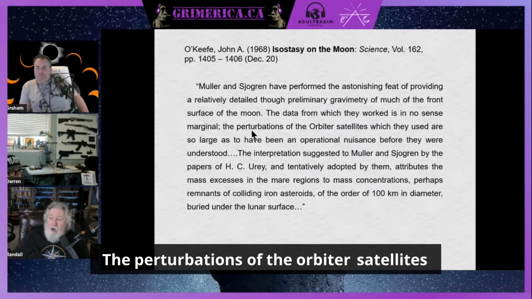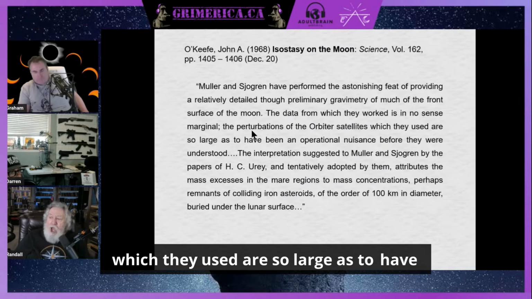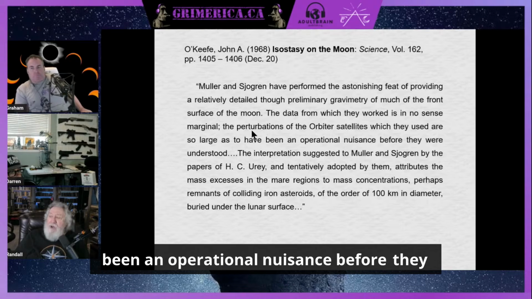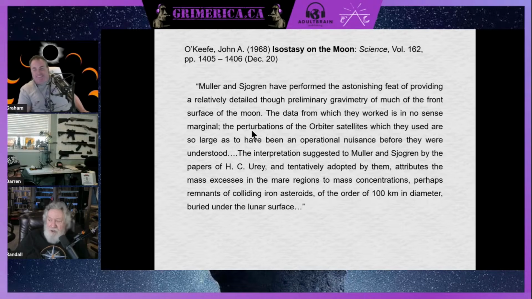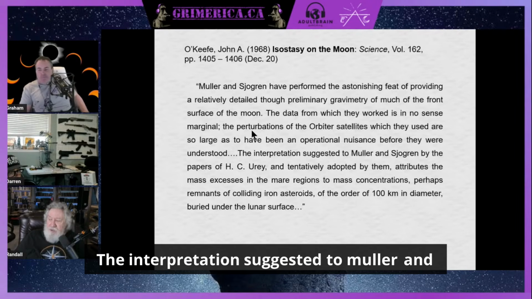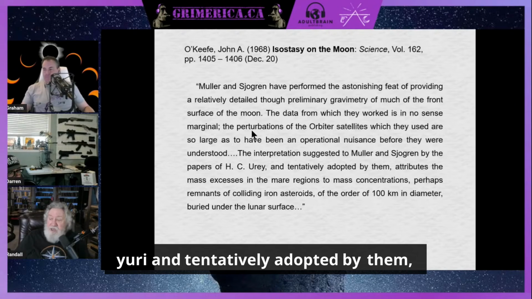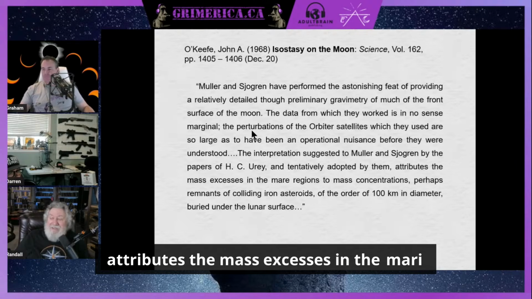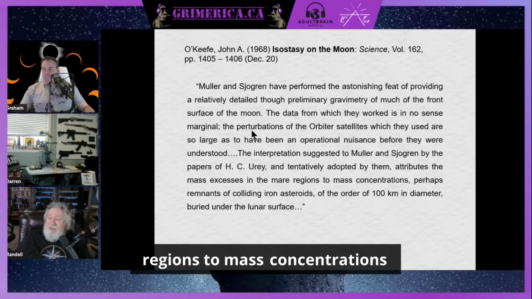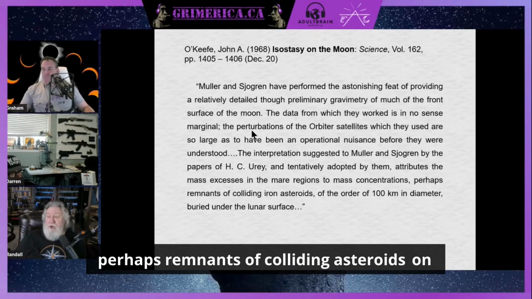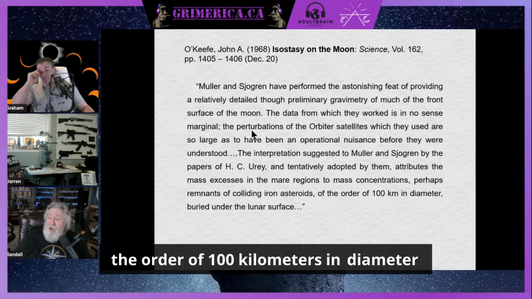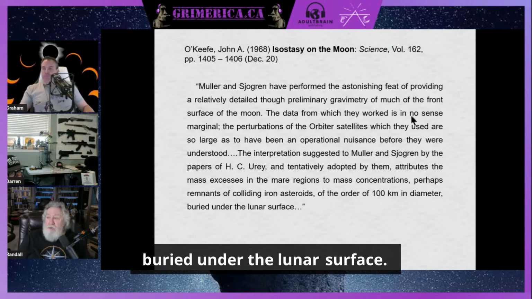The perturbations of the orbiter satellites which they used are so large as to have been an operational nuisance before they were understood. The interpretation suggested to Muller and Sjogren by the papers of H.C. Urey, and tentatively adopted by them, attributes the mass excesses in the Mare regions to mass concentrations, perhaps remnants of colliding asteroids, on the order of 100 kilometers in diameter, buried under the lunar surface."